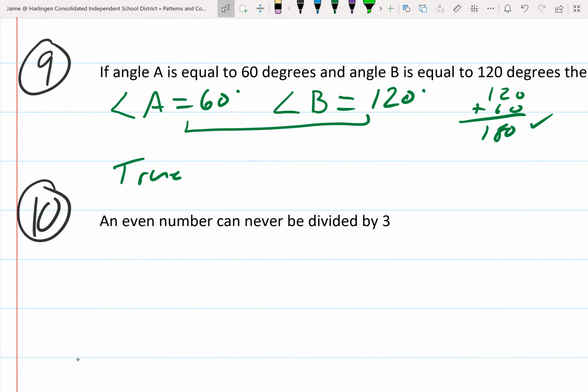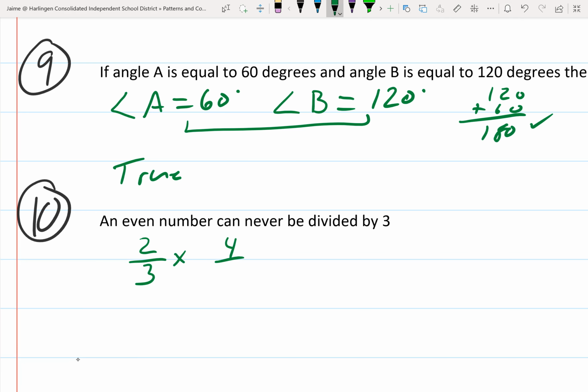Then our last one. An even number can never be divided by 3. So, even numbers. What's an even number? 2. Can you divide 2 by 3? Nope.